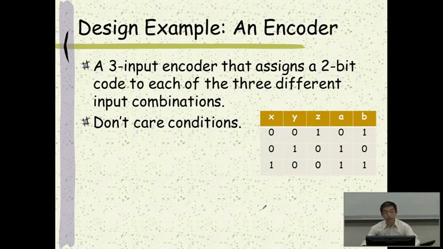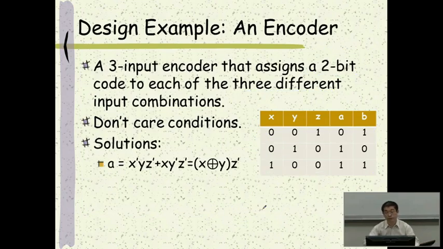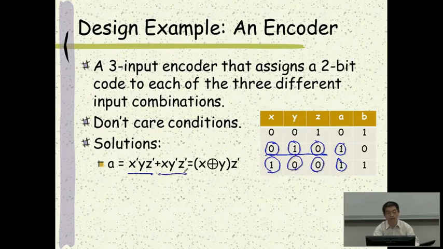So now we list a few implementations of this system. The first one is the straightforward one. To implement A, I see A is the sum of these 2 conditions. So X prime times Y times Z prime to make a 1, plus the second situation, X times Y prime times Z prime.